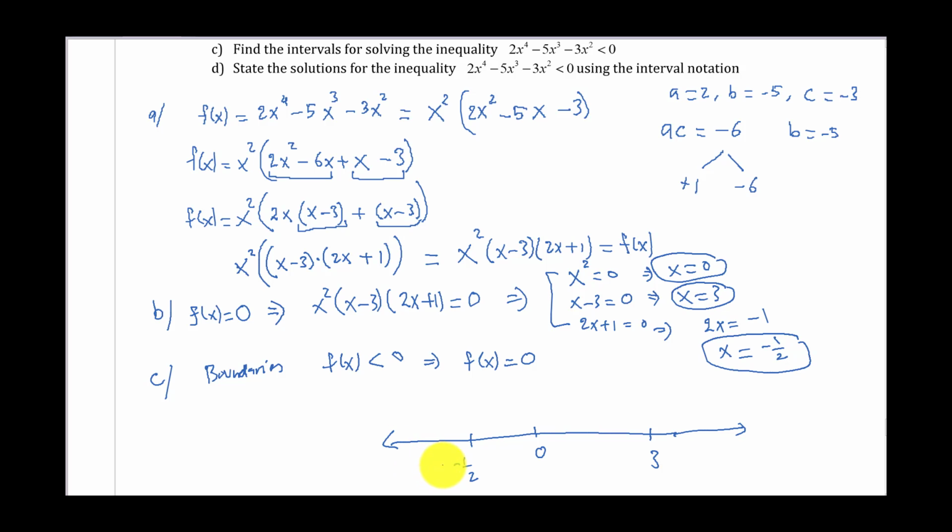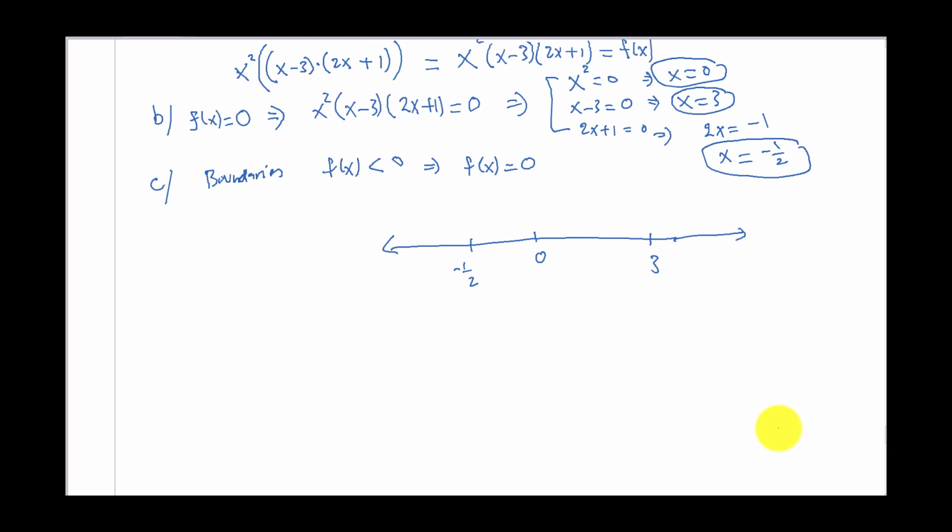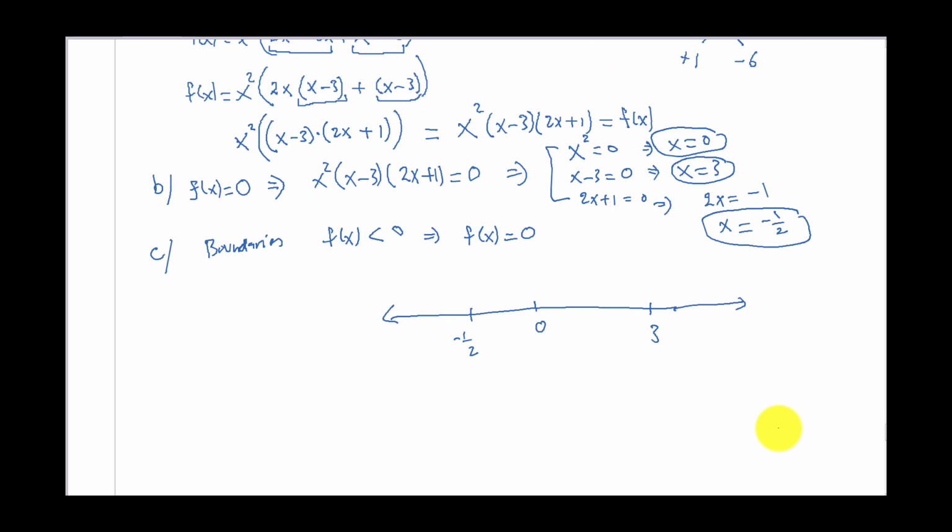Okay, we can do some testing now. You need to find the interval where this function is less than 0, so make sure it is less than 0. Let me rewrite the function right here so we can do some testing. f of x equals 2x to the 4th minus 5x to the third power minus 3x squared.